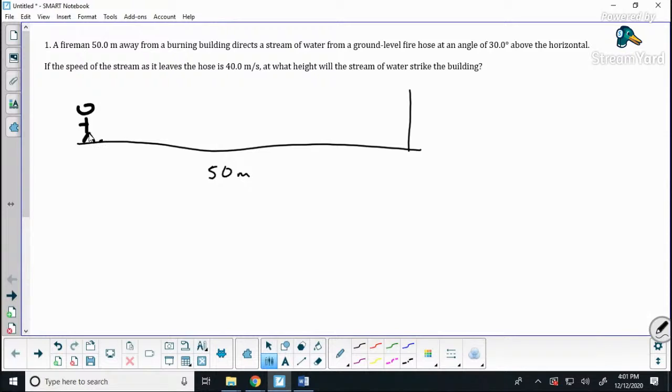So for some reason that fire hose is sitting on the ground, but it directs it 30 degrees above that horizontal. I've got my 30 degrees, and it leaves that hose at 40.0 meters per second. At what height will that stream of water strike the building?